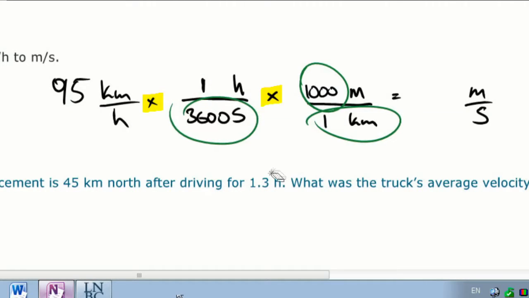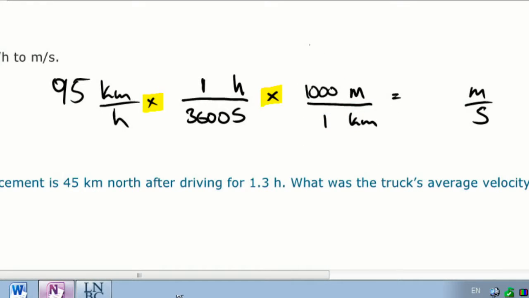And of course, the actually dividing by 1 and multiplying by 1 you don't have to do because it's not going to change anything. But anyways, 95 times 1,000 divided by 3,600 is going to give me 26.38 or 26.4. Perfect. So you guys were well on your way there.